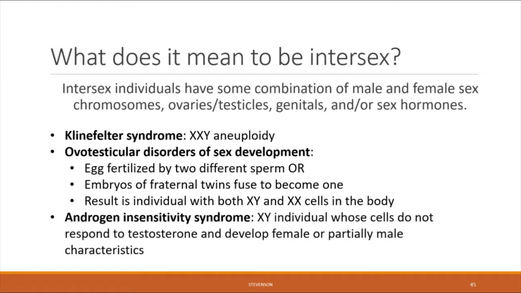Androgen insensitivity syndrome is where an XY individual has cells that actually do not respond to testosterone, and therefore they develop fully female or partially male in their sexual characteristics. Taken all together, all of these different ways to be intersex, doctors estimate that somewhere between 1 and 2% of the human population is intersex in one of these various ways. So it's more common than you might expect it to be.